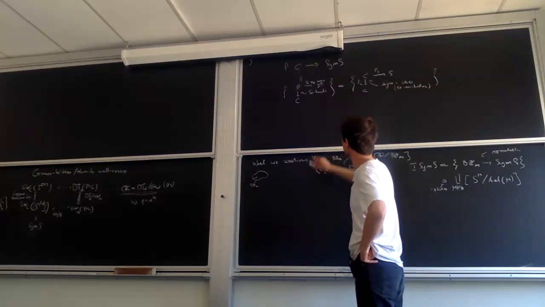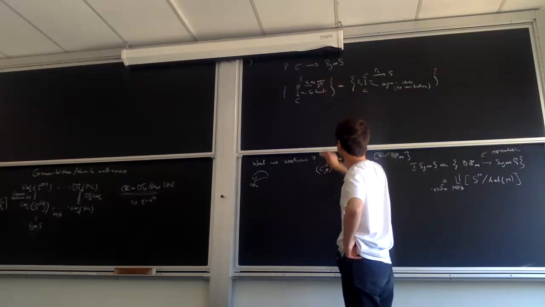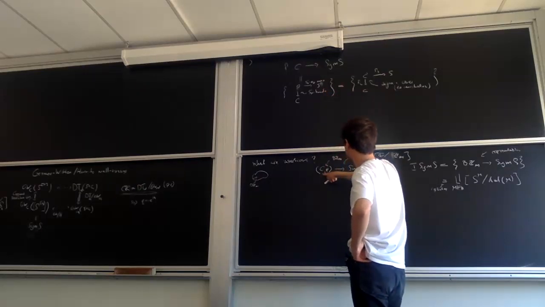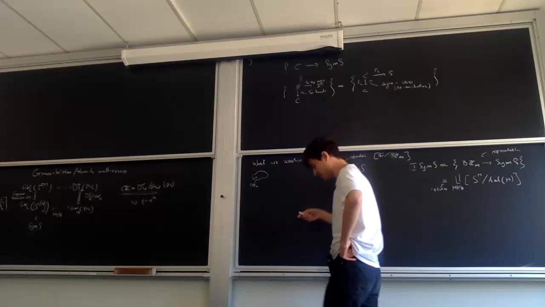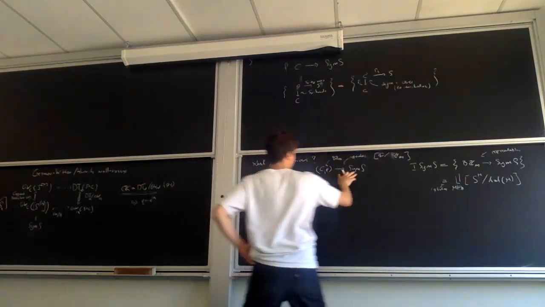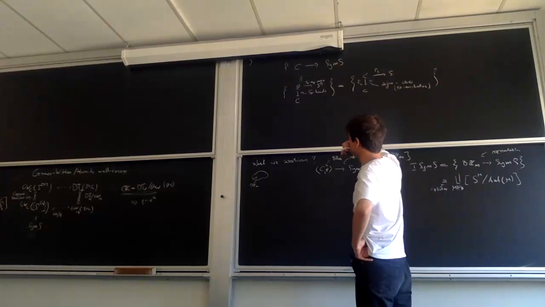So what I want to say, you can express this in the same way now. So you can express the data of this twisted curve mapping to the symmetric product in the same way as we did there.